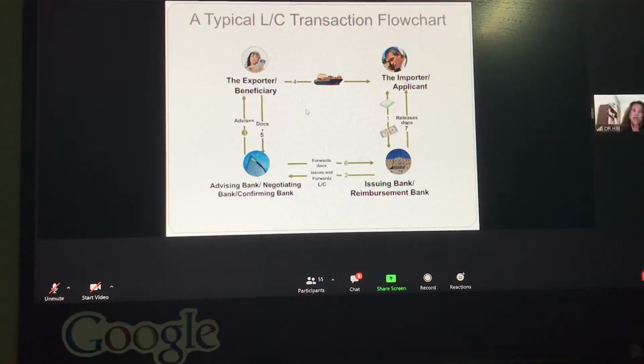And if issuing bank cannot pay, it means the transaction stops at step number 6. So now, the first case for stopping the transaction at step number 6 is issuing bank goes bankrupt.